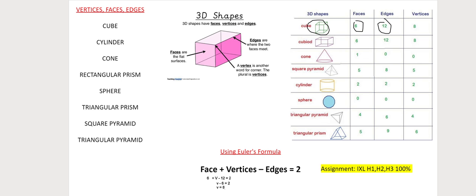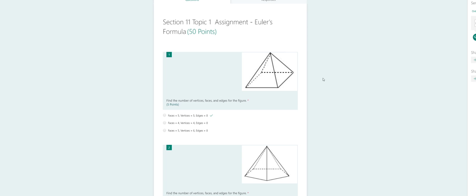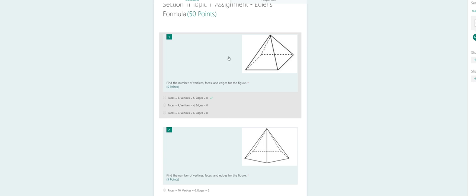If I take you to the assignment, this assignment is fairly easy. First, they give you this 3D shape and are asking you how many faces you have, how many vertices, and how many edges. Once again, faces are the flat surfaces that you have. Do not forget about the base on the bottom and the faces that you have going around.